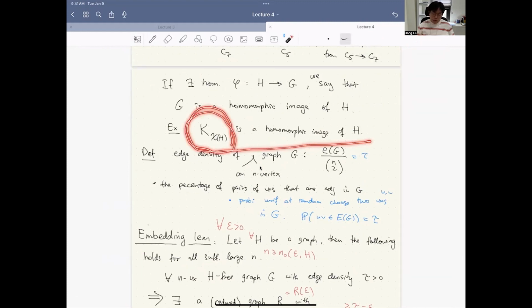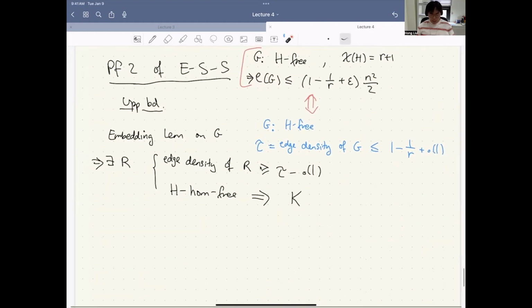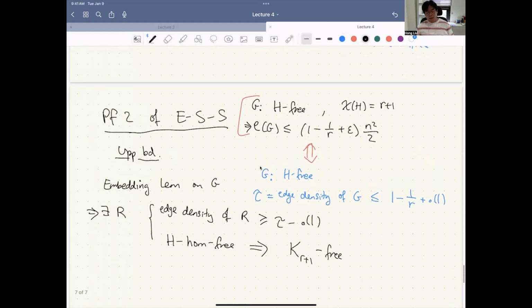It is a clique on chi of H number of vertices. That's a homomorphic image of H. So H-hom-free implies that R is in fact K_{chi(H)+1}-free. Okay, remember this is the definition of chi of H.